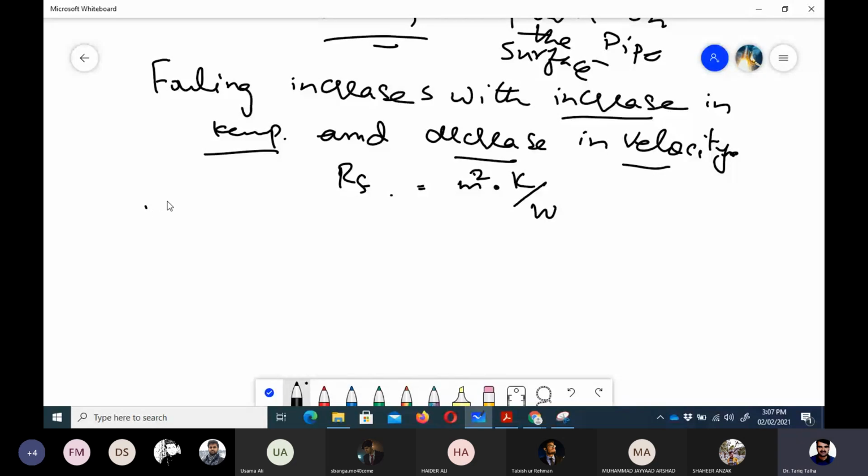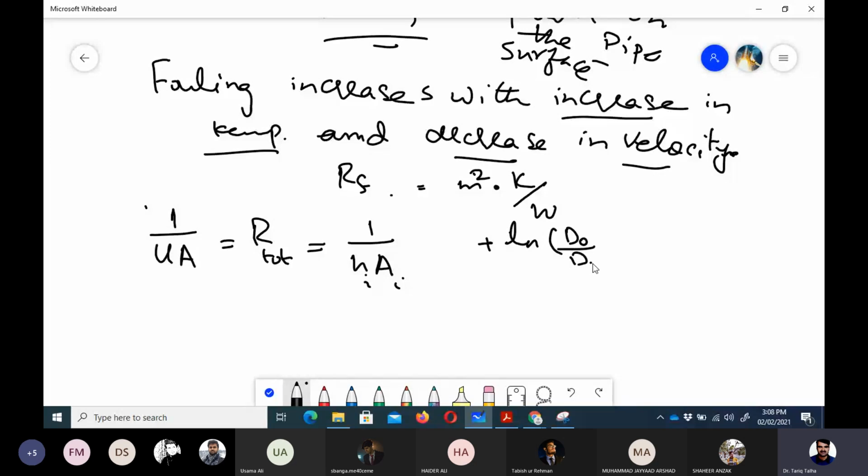So here we would have 1 upon UA equal to R total, which would be equal to, first of all, the interior resistance 1 upon h_i A_i, plus natural log of D outer upon D inner over 2 pi K L, plus 1 upon h_outer A_outer.